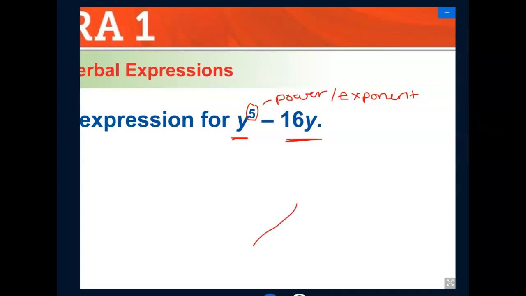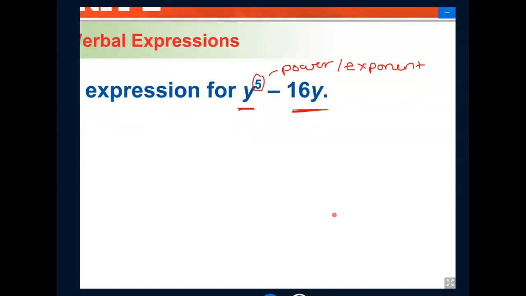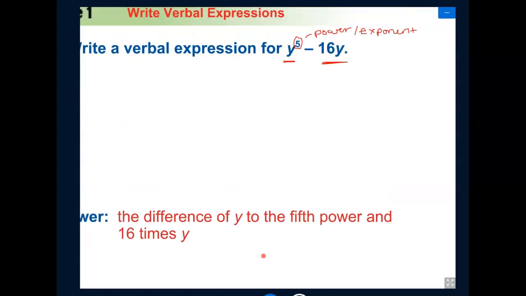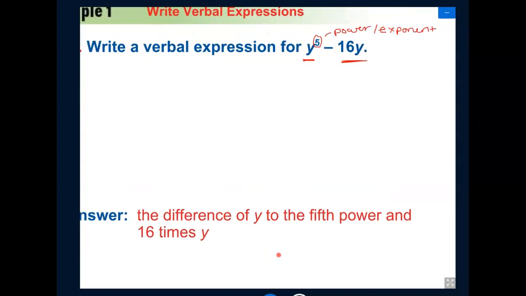So in terms of words, this would look like the difference. The word difference is another way of saying subtract. In algebra, we try not to use the word minus anymore.